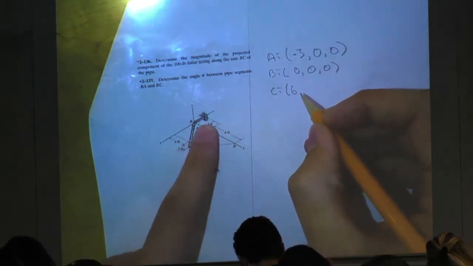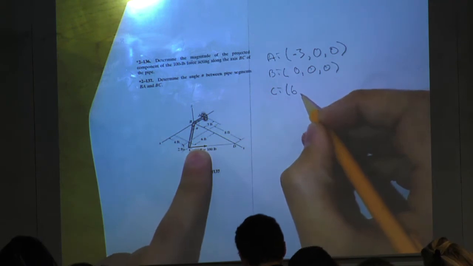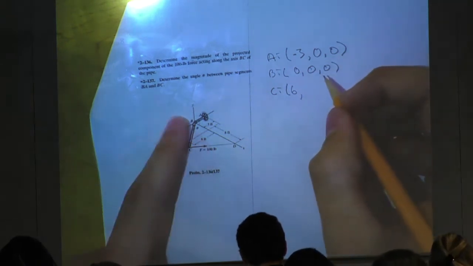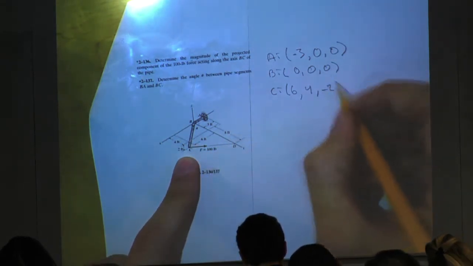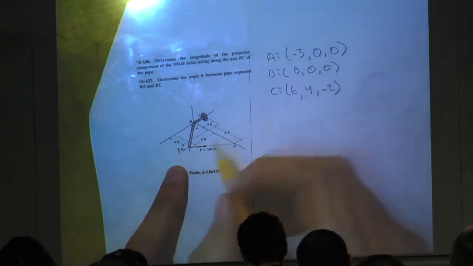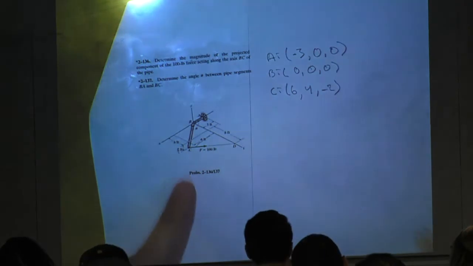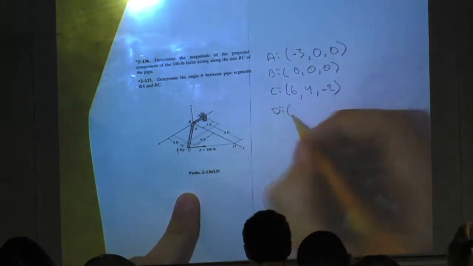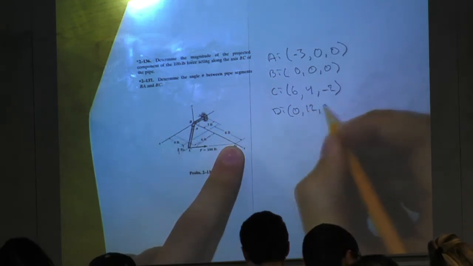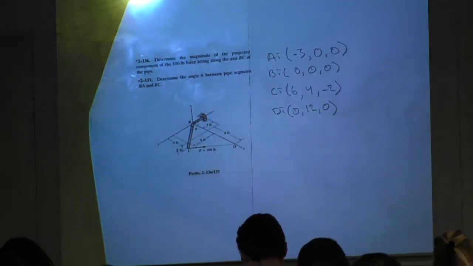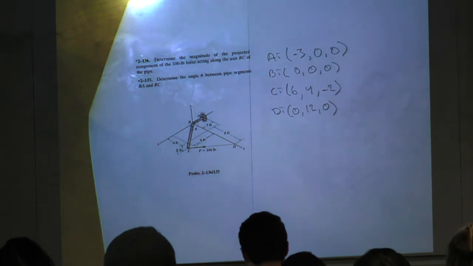B is out along the x 6 feet, and then out 4 feet in y, and then this is the y. We have one more point, D, all the way out here at 0, 12, 0. I write all these points down so we have them when we need them.